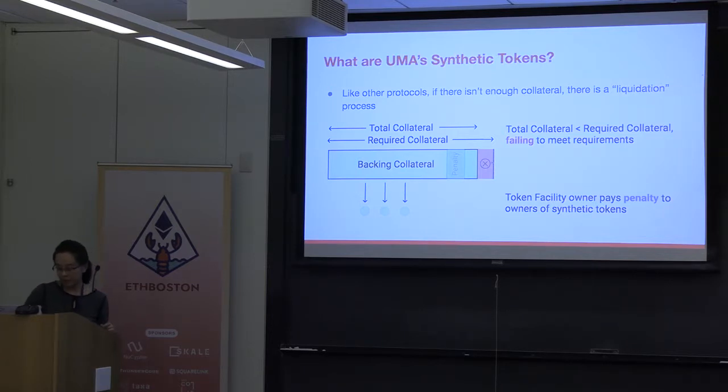Then what's going to happen is a portion of the over-collateralization is going to be assessed as a penalty. And that's going to go from whoever owns that token facility to the people who own the synthetic tokens.